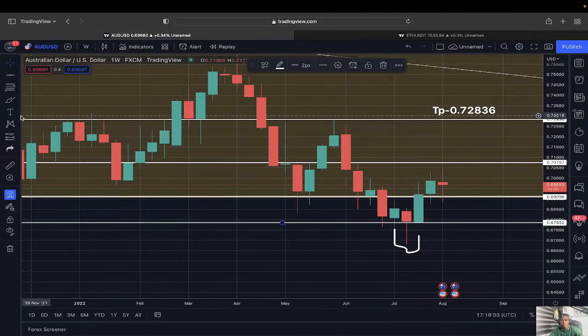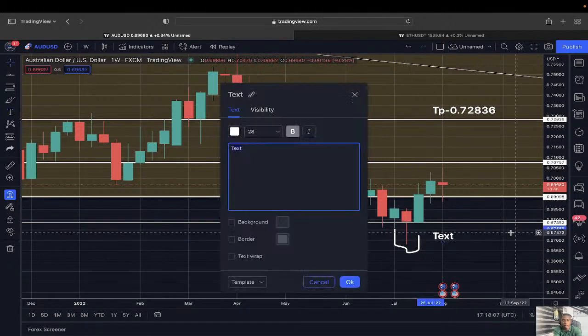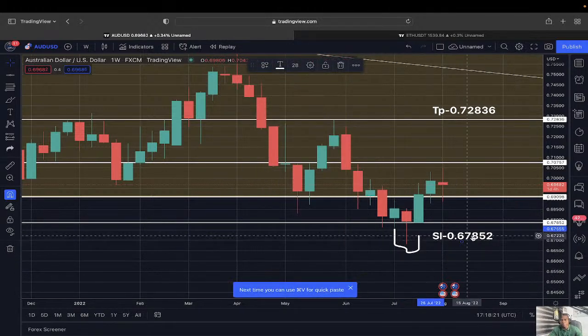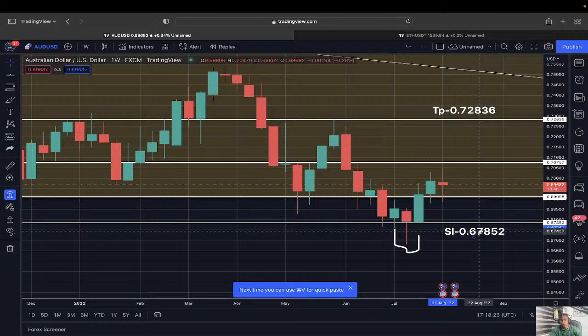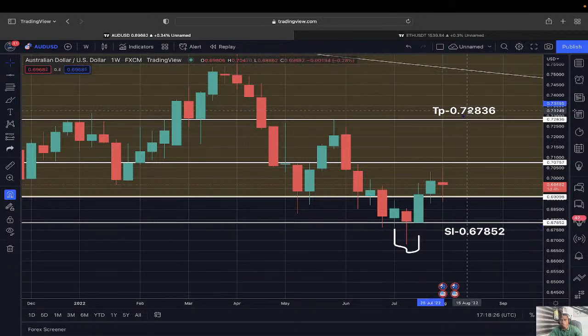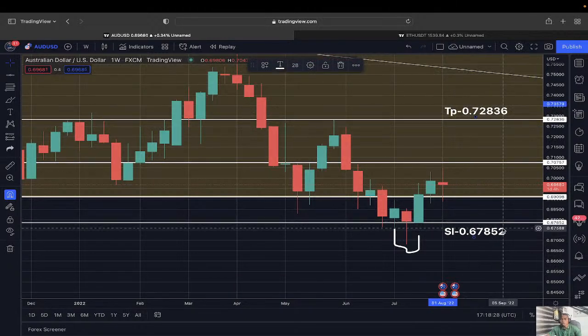So your stop loss can be at 0.67852. Can you see that? So you can have your stop loss there and your take profit here.